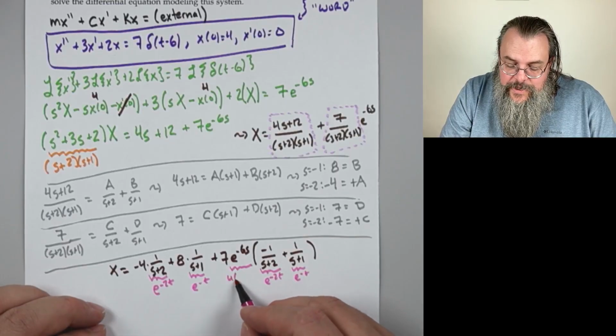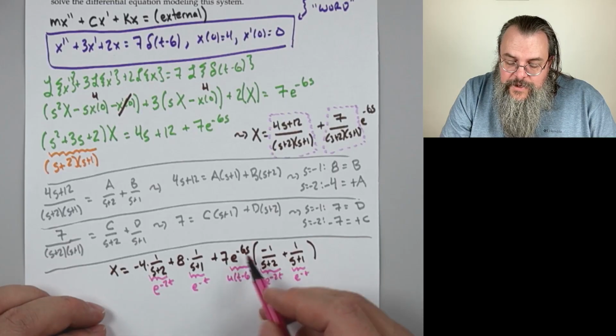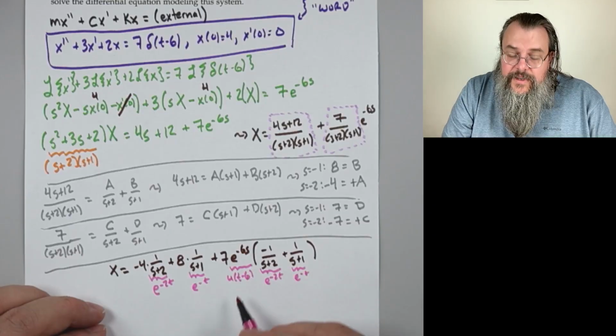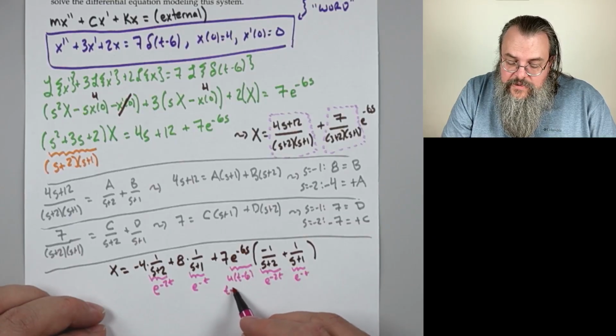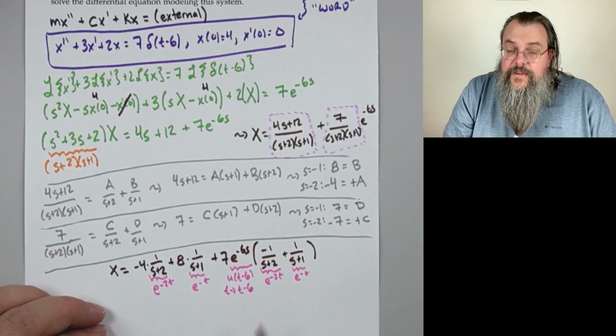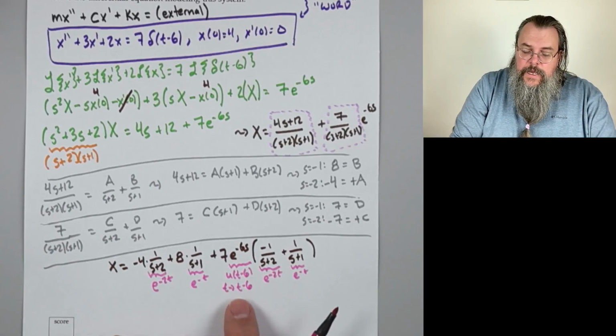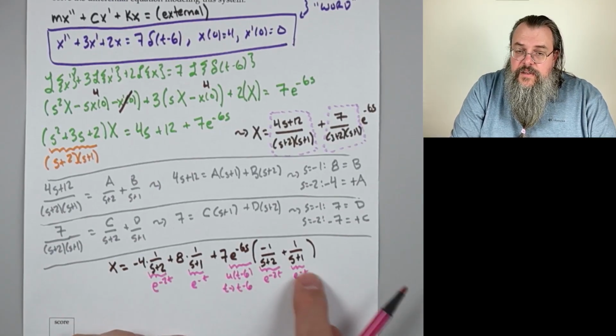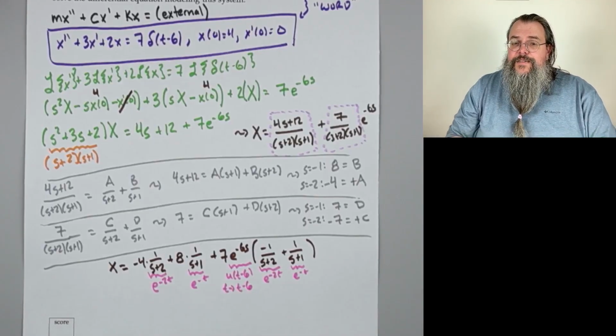I know. What's the shift? Well, -6 says u of t minus 6, and we're going to replace t by t minus 6. And what I mean here, these t's are going to become t minus 6.